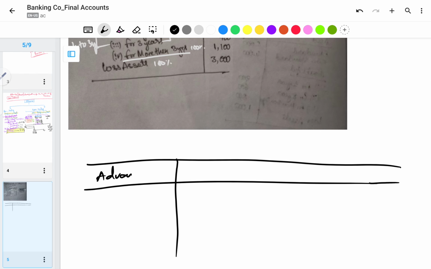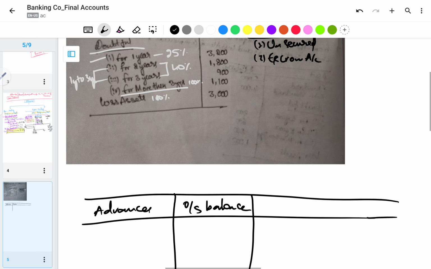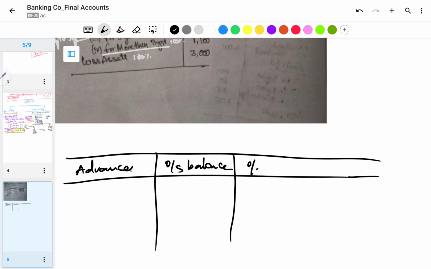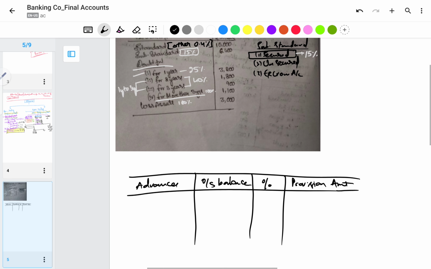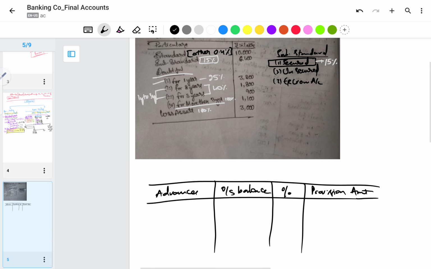Advances, outstanding balance, then percentage, then provision amount: computation of provisions.